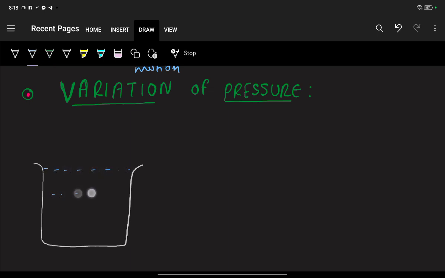So this is water, and the height of this vessel is h. This vessel is completely filled.